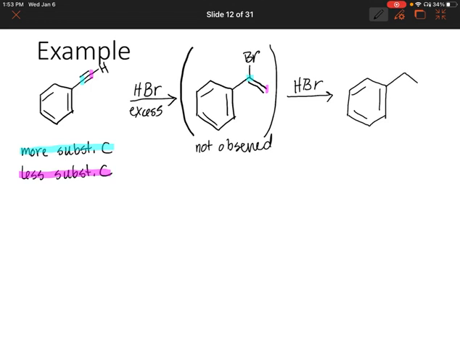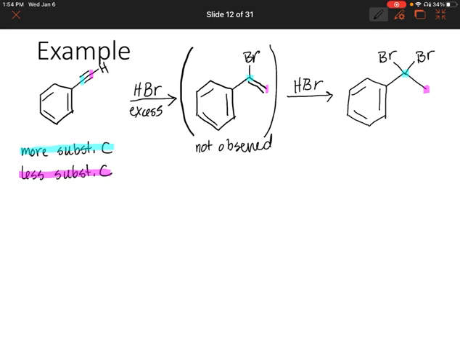So now we're going to turn that double bond into a single bond. And instead of just one bromine at the more substituted carbon, we have two bromines now. Now, we talked about this type of dihalide previously when we were discussing the preparation of alkynes.